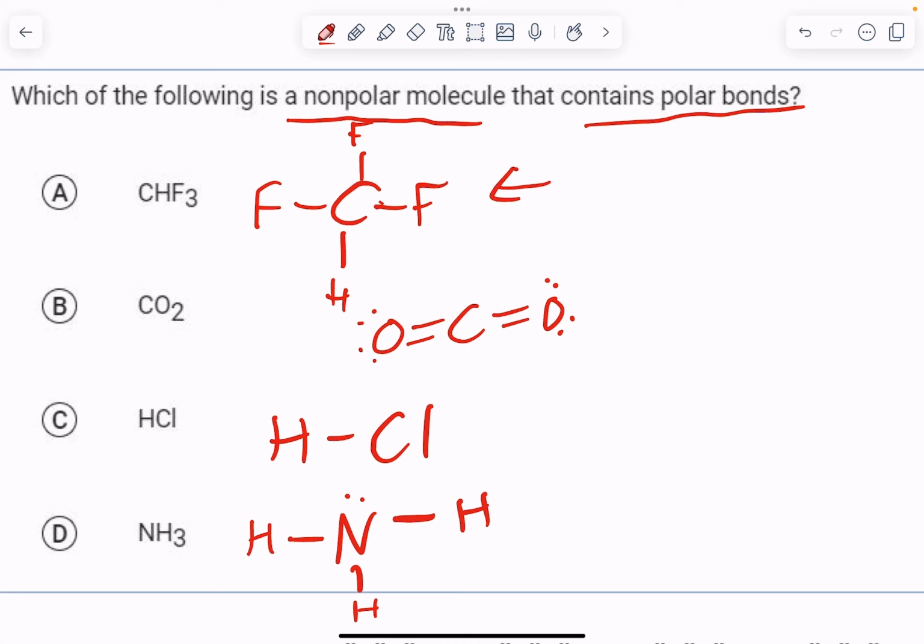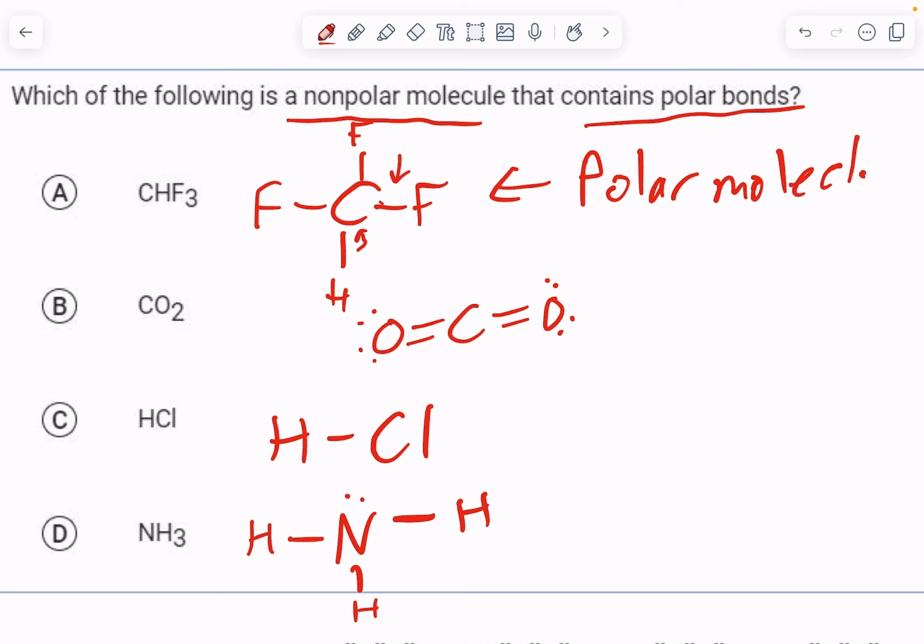This is a molecule that has polar bonds. The F and C bonds right here, and the H to C bond here, create polar bonds. But overall, this is a polar molecule, because we have an asymmetrical shape.